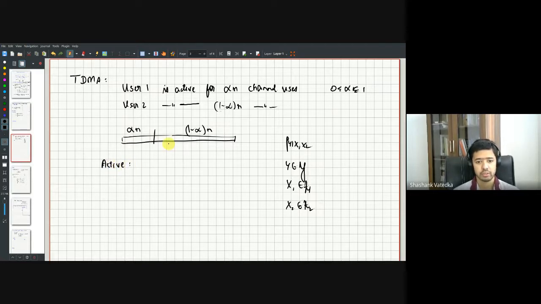By active, the user transmits x1^(alpha n) or x2^(1 minus alpha n): user 1 sends x1^(alpha n), user 2 sends x2^(1 minus alpha n), which depend on the actual message.